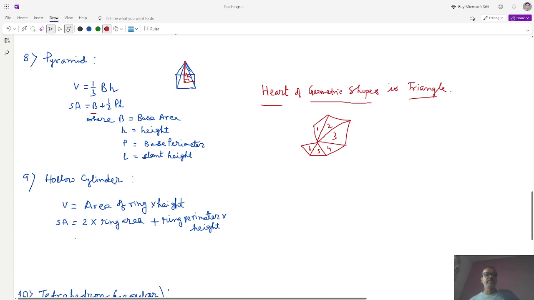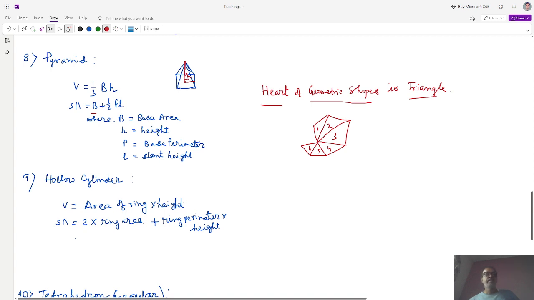According to the shape of the base, we will get a number of slant areas, and all areas are equal.